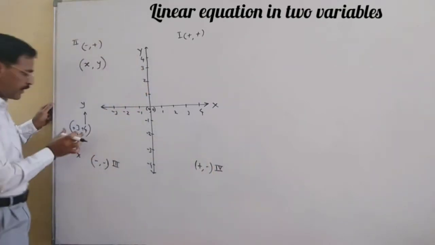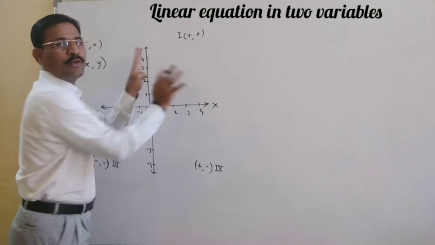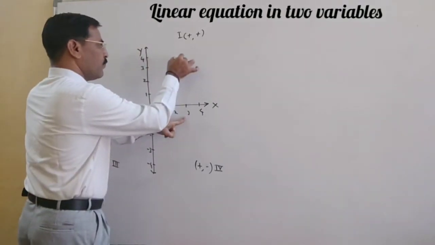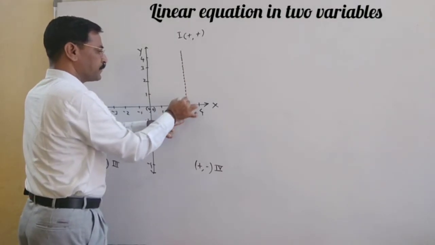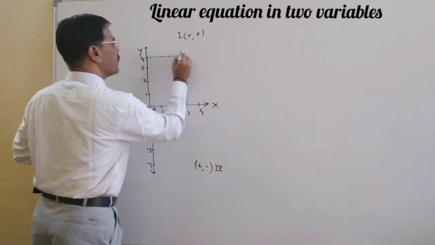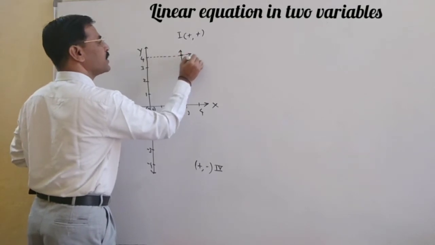Whenever the point is positive, obviously it lies in the first quadrant only. That means this is 3 of the x-axis. Okay friends? And this is 4 from the y-axis. Where they meet, that particular point is called (3, 4).